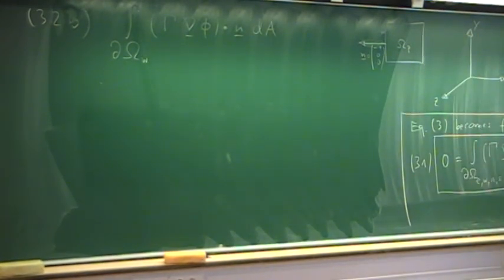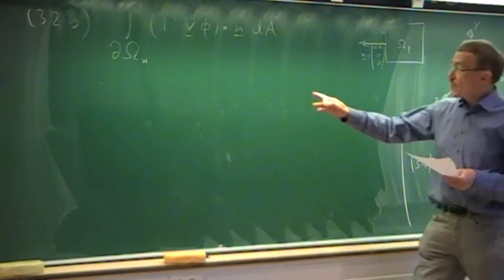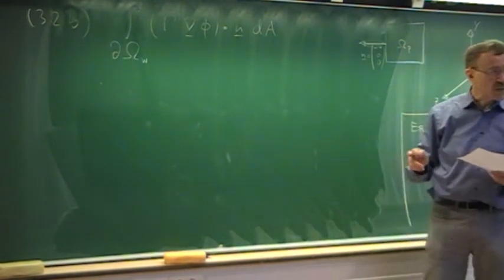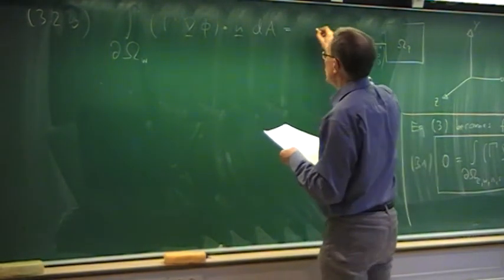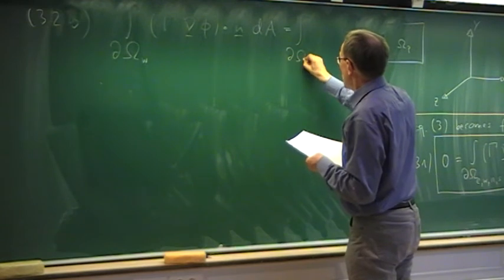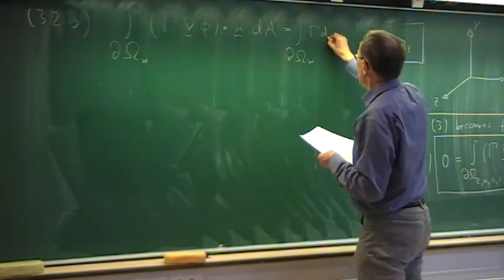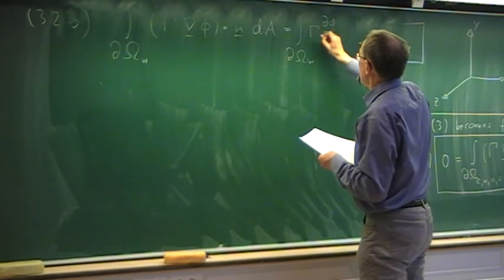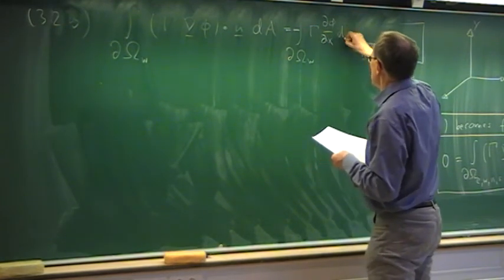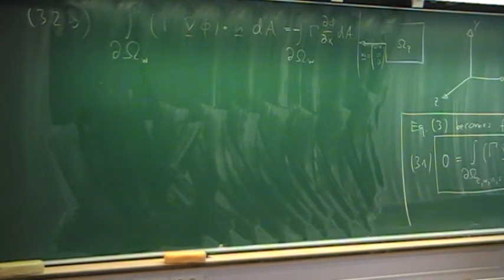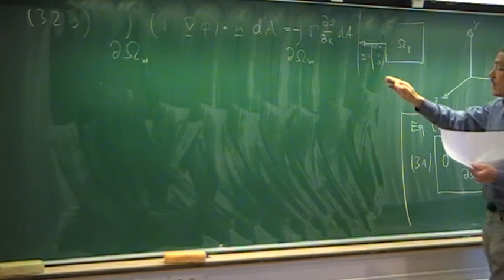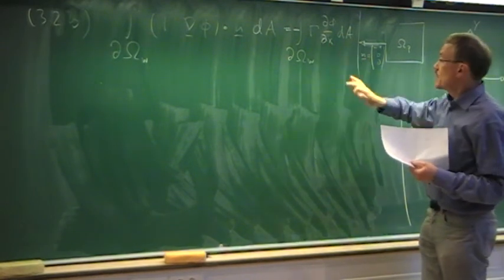The gradient is still the same. So from this operation we only get minus d phi dx. That's it. So this is equal to the integral over the western face of gamma times minus d phi dx, and that is a surface integral. Then we do the same thing. We want to represent that by the average of this times the area.